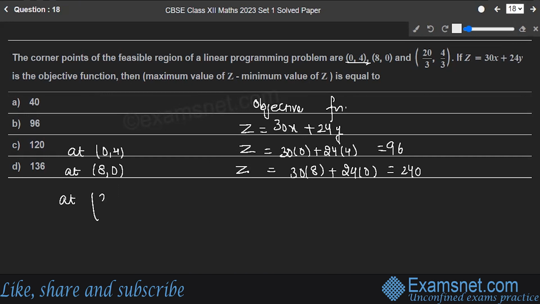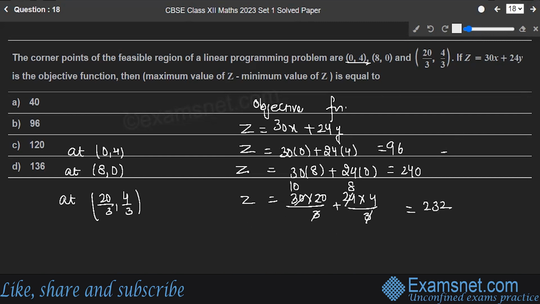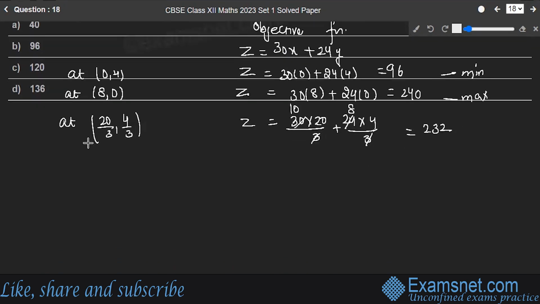At the last point (20/3, 4/3), you have z as 30 into 20/3 plus 24 into 4/3. So this is 160 plus 32, this is 232. So this is the minimum and this is the maximum value of z. So you had to find out maximum minus minimum, that is 240 minus 96, that is equal to 144.